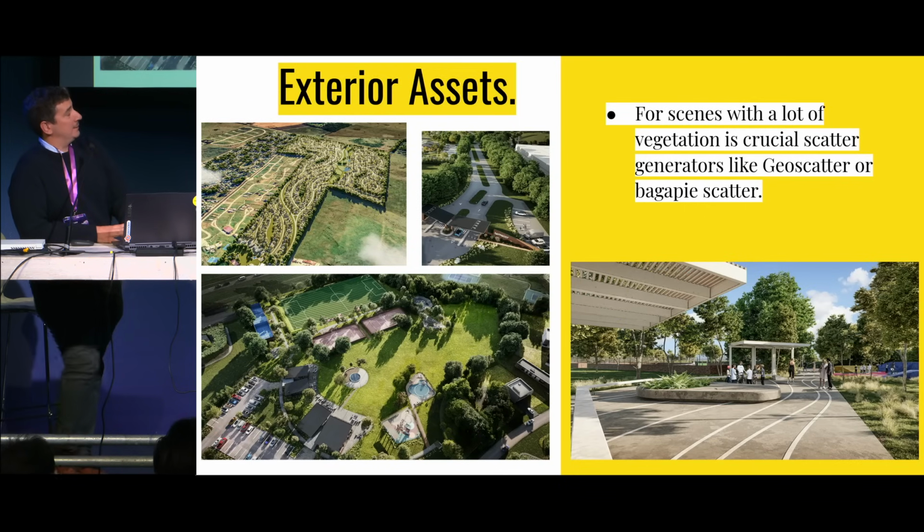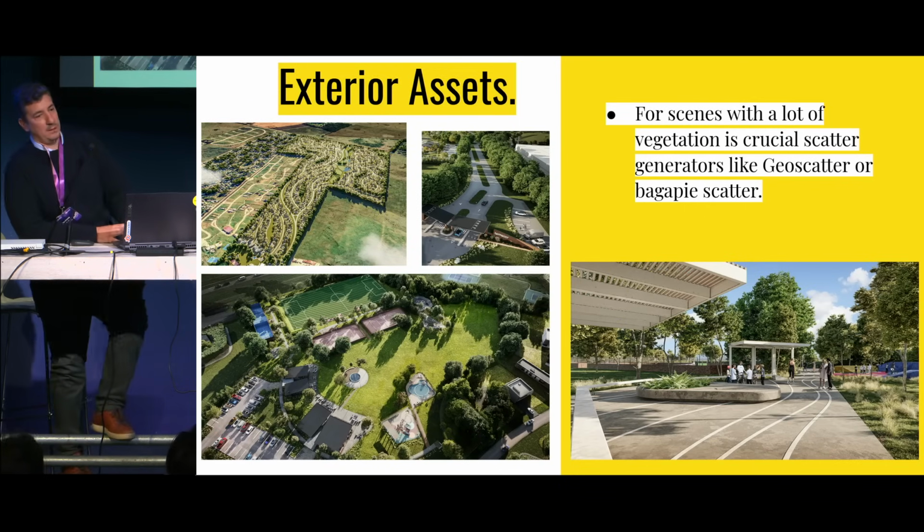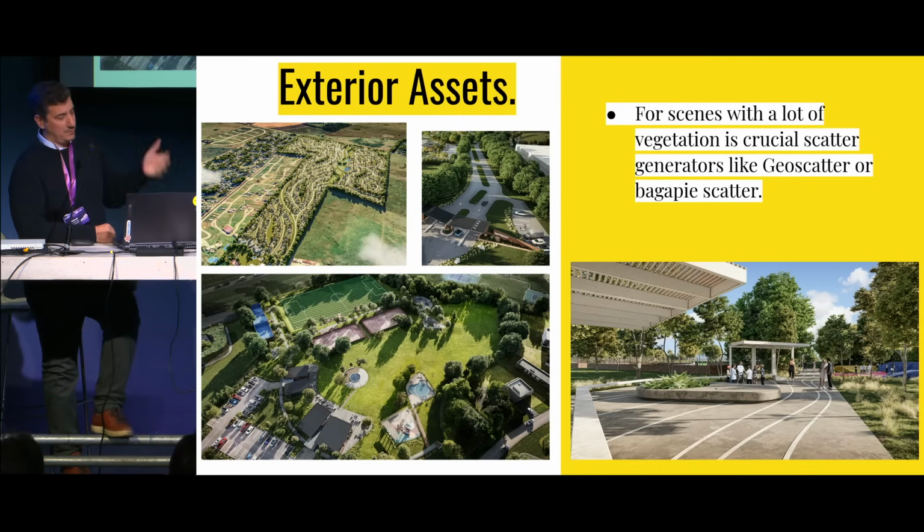And then the last category, I would just call the scatter systems. Of course, they are a lot based on the model of the trees and so on. But this is super important for these big exterior shots where you have a lot of nature. That was one of the things that was keeping us from moving to Blender at some point, because it's super important to have a good scatter system.